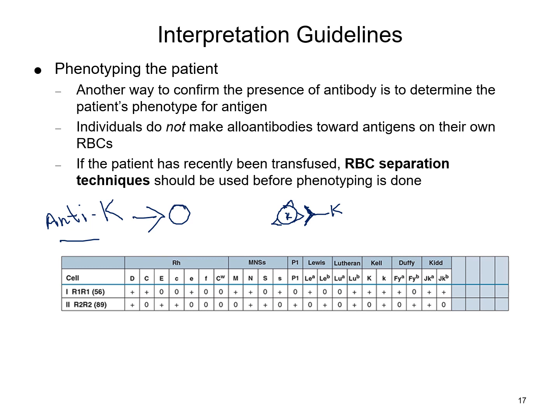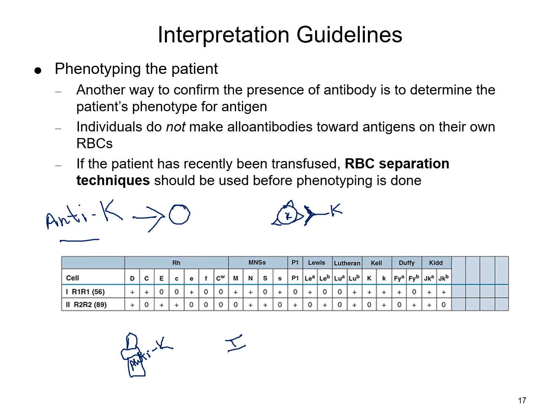To phenotype it, you're just using a vial of reagent that is, you guessed it, nothing but anti-K. That's all you're seeing in that reagent, just straight anti-K. You would test it against your patient red cells, and you would also do QC.